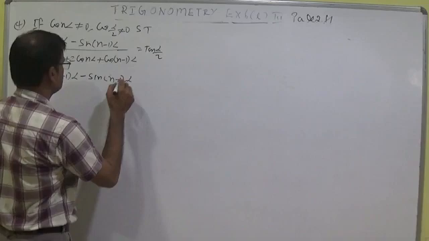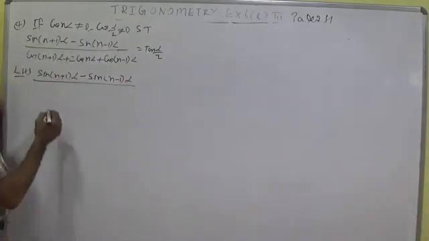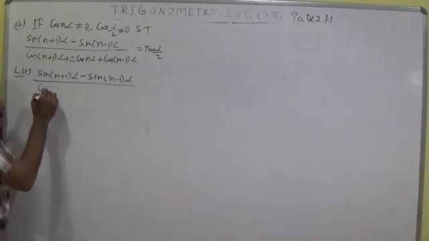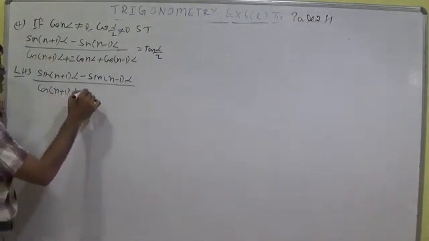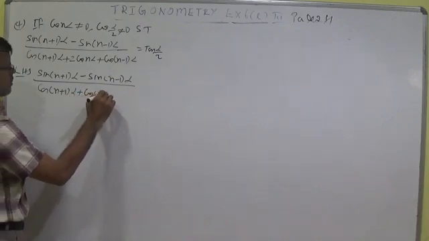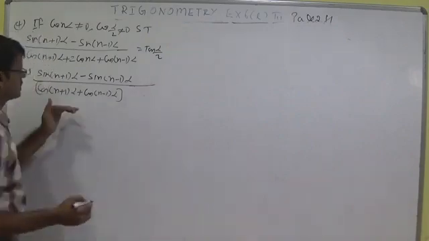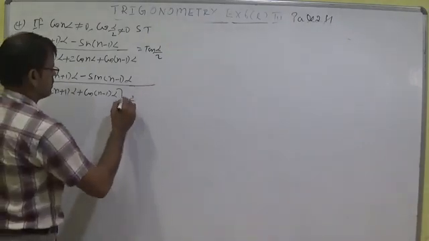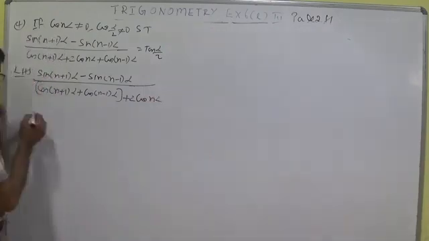In any objective material you can face such questions. Sin of (n plus 1) alpha minus sin of (n minus 1) alpha, whole by, write like this, cos of (n plus 1) alpha plus cos of (n minus 1) alpha, side by side, next plus 2 cos n alpha, separately you can take.